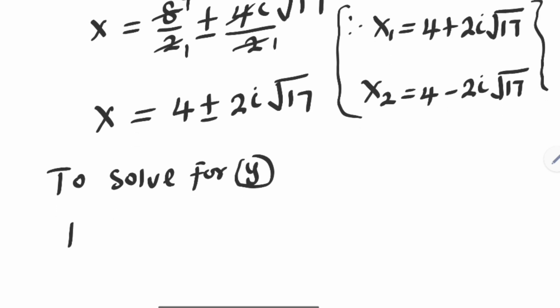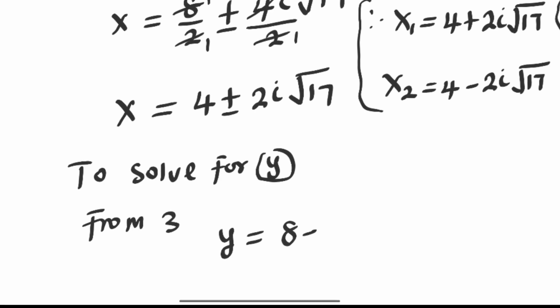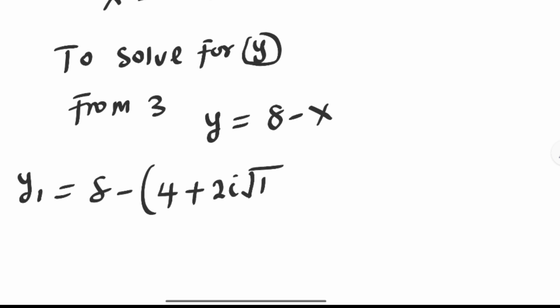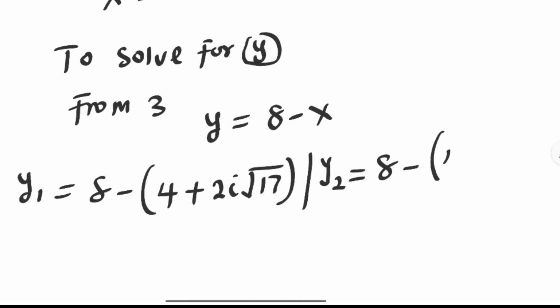from equation 3, y is equal to 8 minus x. y1 is equal to 8 minus x1, which is 4 plus 2i square root of 17, and y2 is equal to 8 minus x2, that is 4 minus 2i square root of 17.